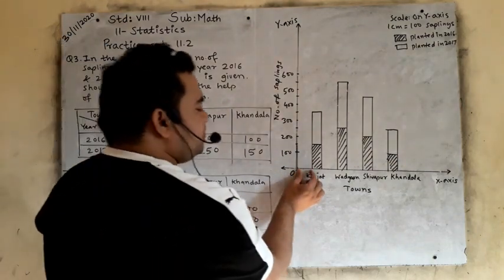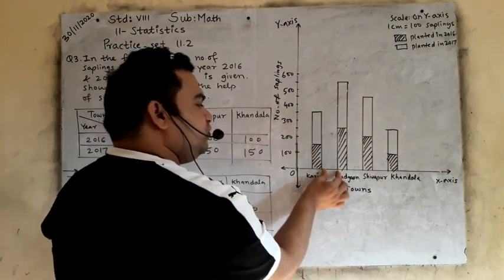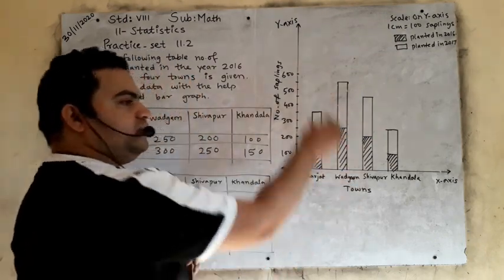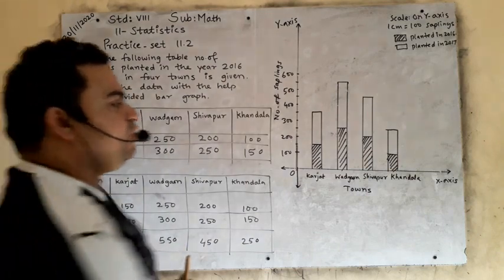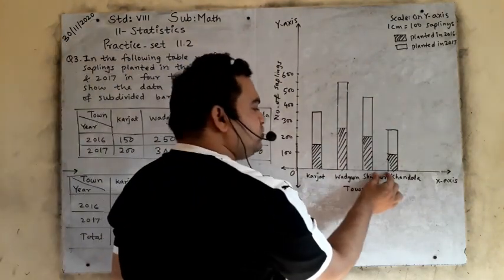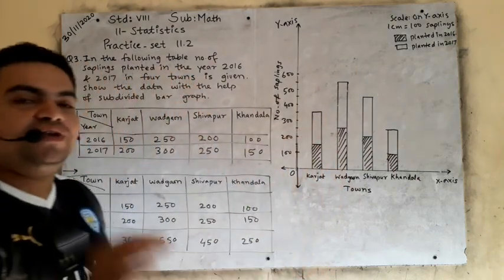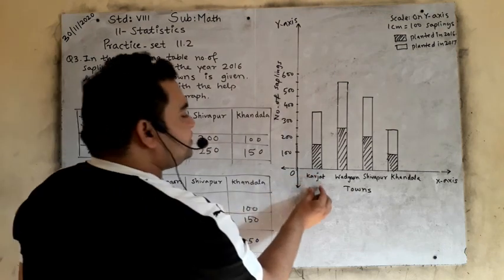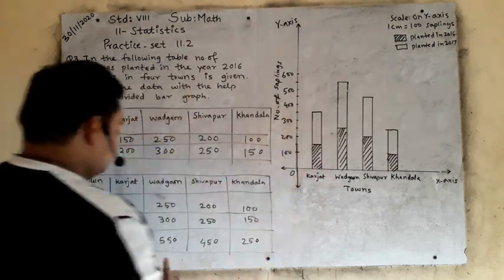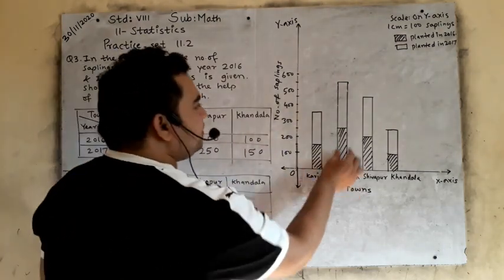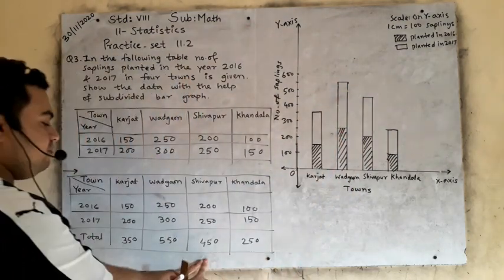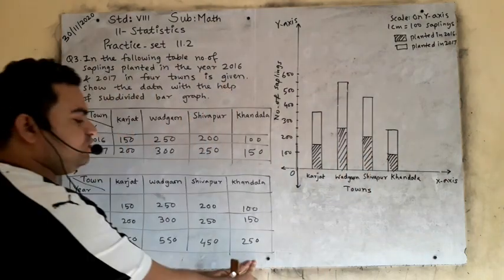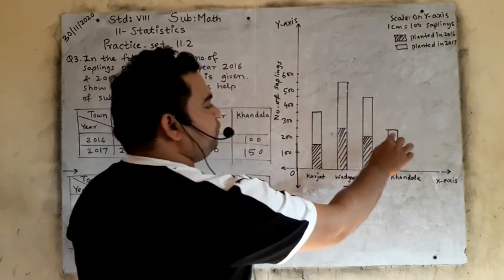Now you will leave one box, then draw a bar, then again leave one box, then draw a bar. But you will draw the bar till the total. How much total is given? 350. So the first bar will be till 350, the second is 550, so the second bar will be till 550, the third bar is of 450, so we will go till 450. Then the fourth one is 250, so we will go till 250.